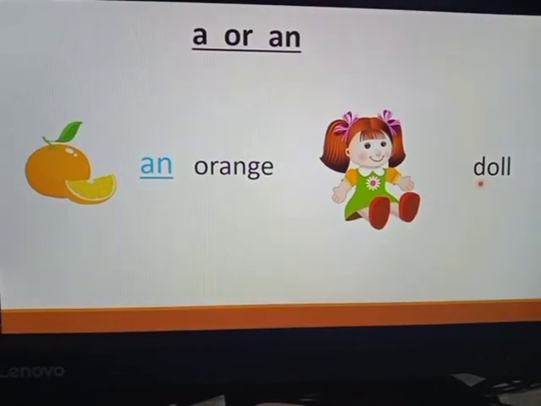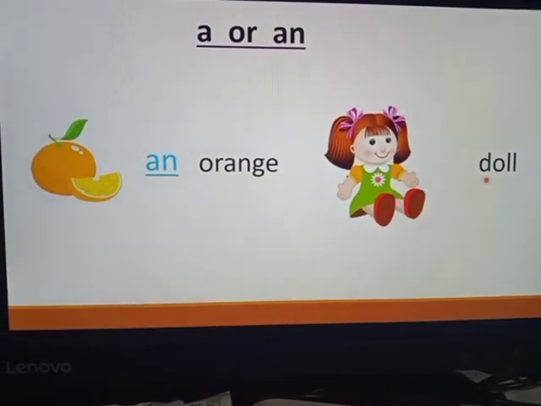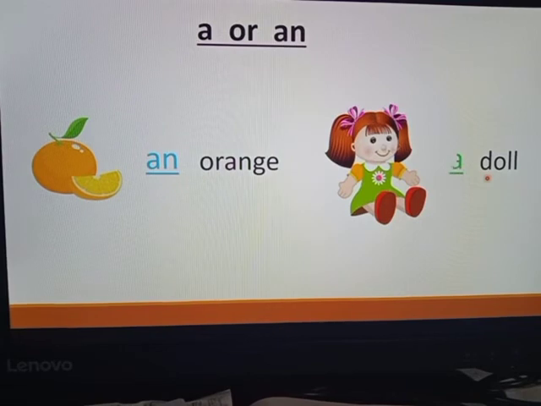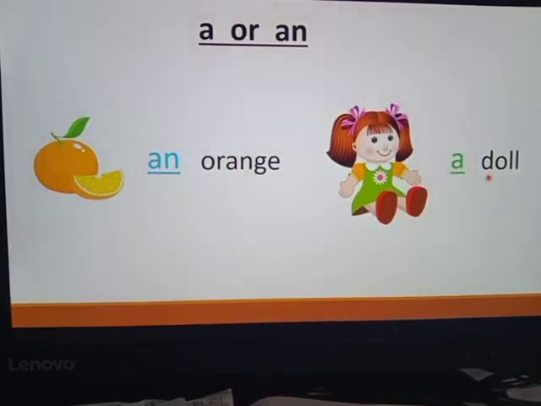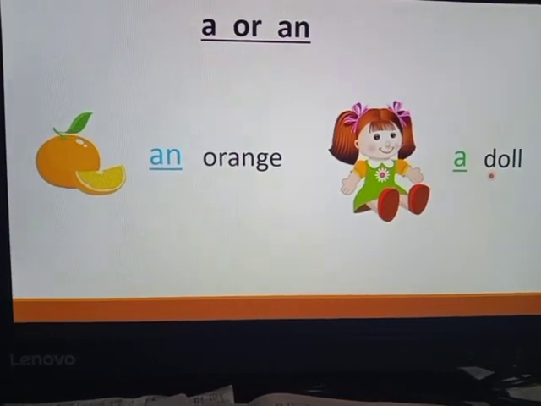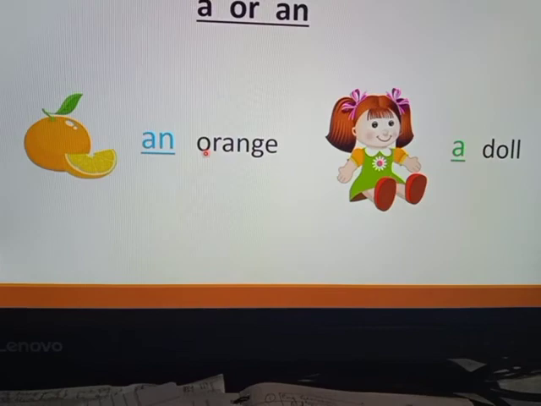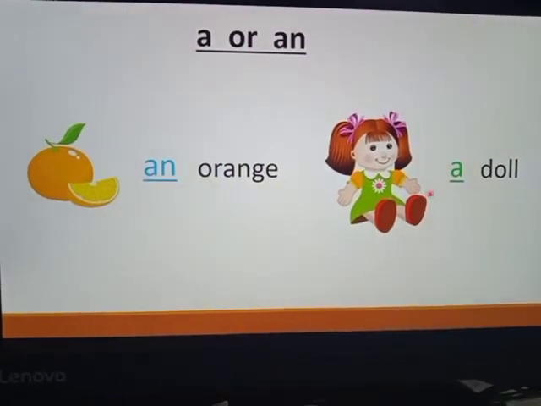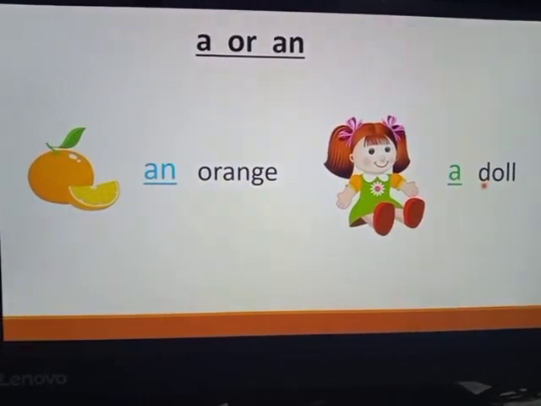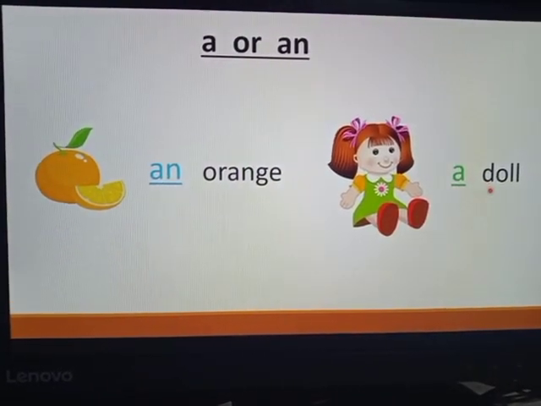Correct. We have to use a. So, what is the answer? A. So, how will you read it? A doll. Understood? So, we use an before words that begin with vowel sounds, and we use a before words that begin with consonant sounds. I think you must have understood.